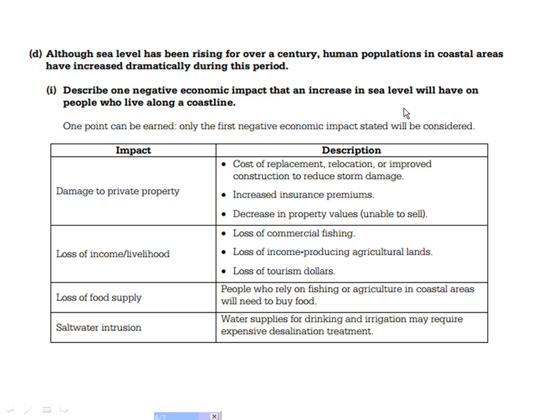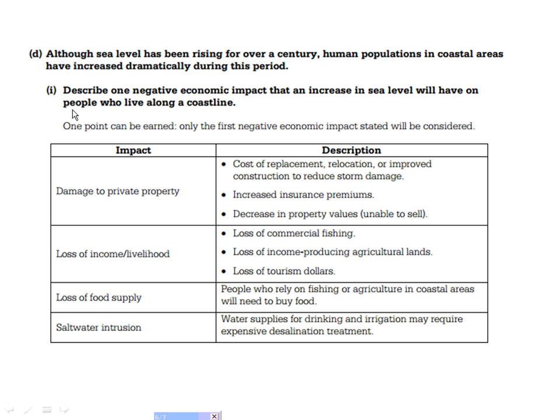So for this answer here, letter D is 3 total points. 1 point can be earned for the negative impact. And the first negative impact, again, they're not going to accept a laundry list here. So you need to be specific and be confident with your answer.